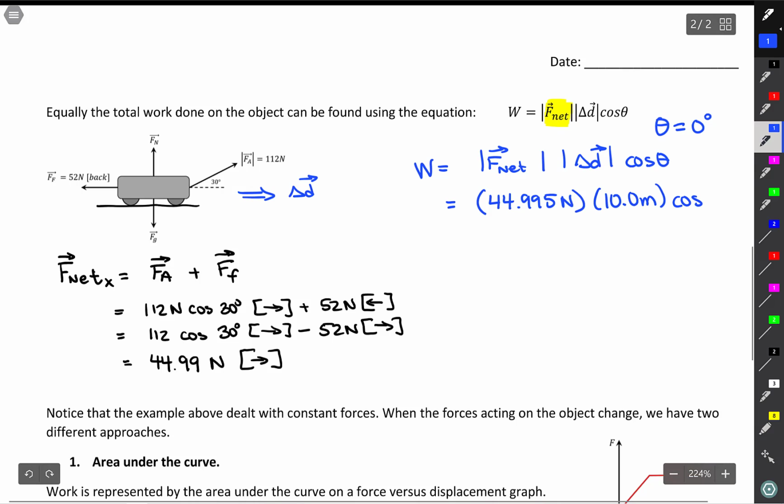The cosine was 0 degrees, and we know that cos of 0 is 1. So this just simply becomes 44.995 times 10. So you get 449.95 newton meters, which rounds to 450 joules.